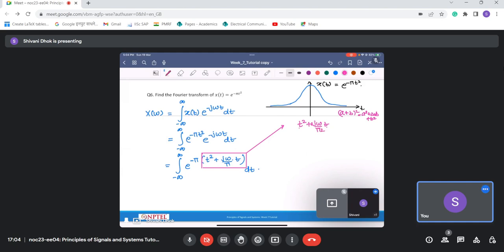So this j omega upon 2 pi is basically your b. So what we can do is add plus (j omega upon 2 pi) square minus (j omega upon 2 pi) square, just to compensate, we'll add and subtract. If we do that, then this factor here is basically (t plus j omega upon 2 pi) square minus (j omega upon 2 pi) whole square.